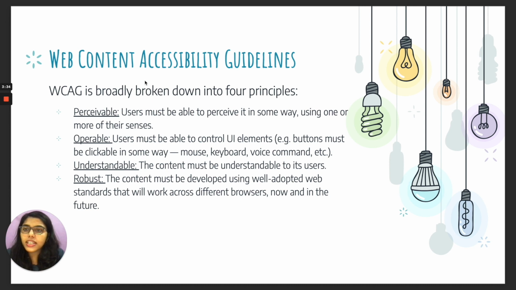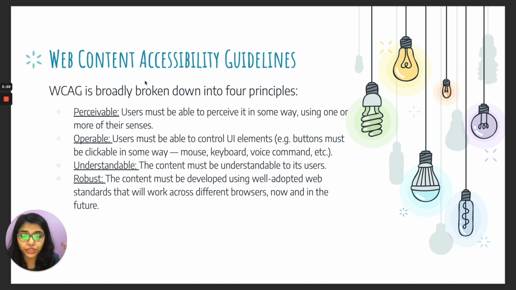Then there are certain guidelines that have been laid out by WCAG, and they have been broken into 4 principles to make our web app more accessible. So first is perceivable. Users should be able to perceive it, like they should be able to understand what is there in the website. It should be operable. For example, sometimes there are buttons which can be clickable in some ways.